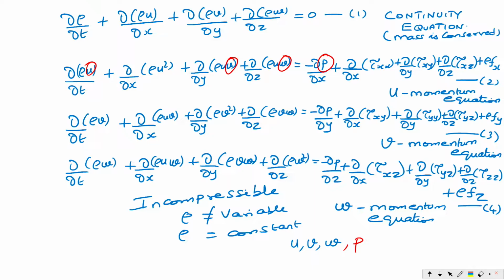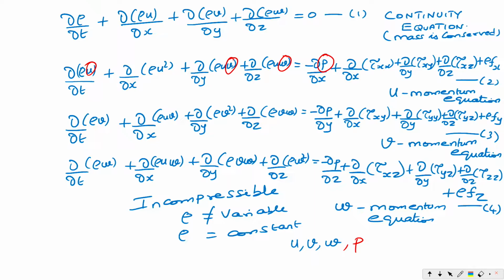So we may think there are 4 equations and hence we can solve directly, but it is not that easy, because in the momentum equations along with u, v, w there is the pressure, and in the continuity equation we have u, v, w only, but there is no term with pressure. To make it more precise, let us forget about continuity and take only the momentum equations. We have 3 equations and 4 unknowns u, v, w and p. So how to solve it?